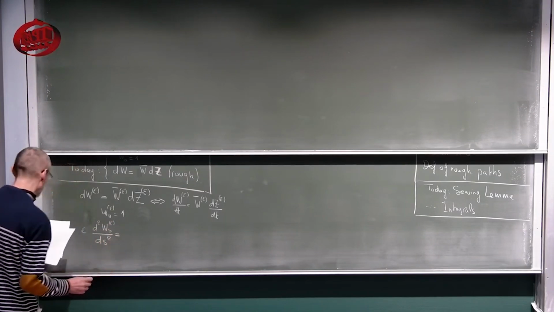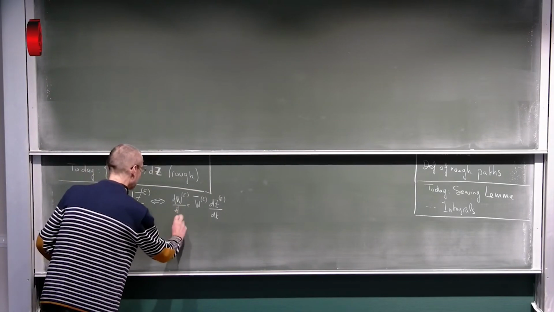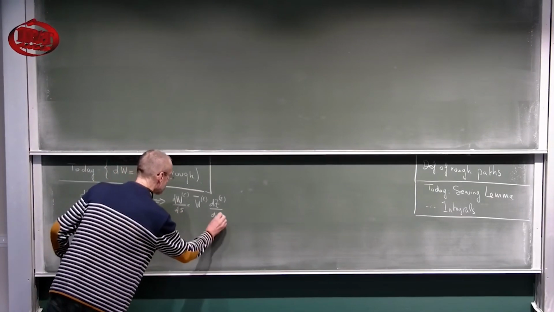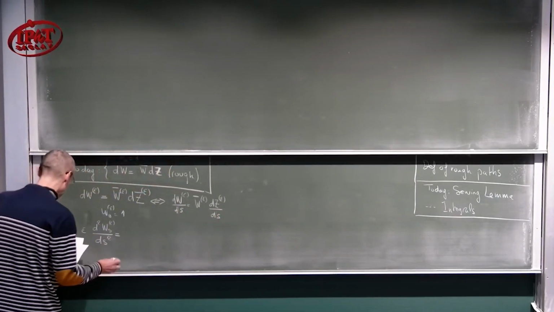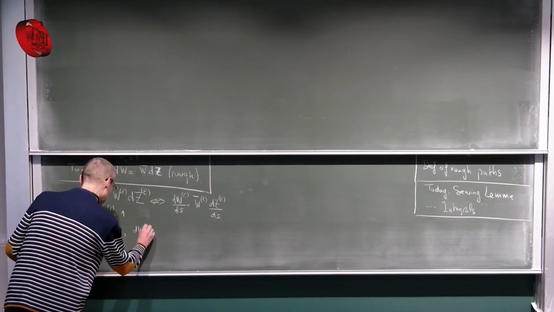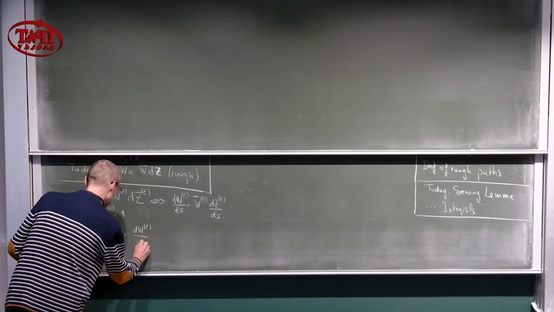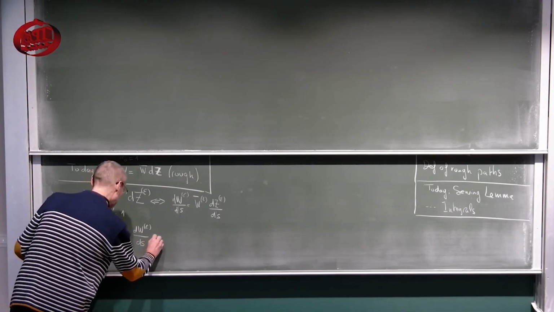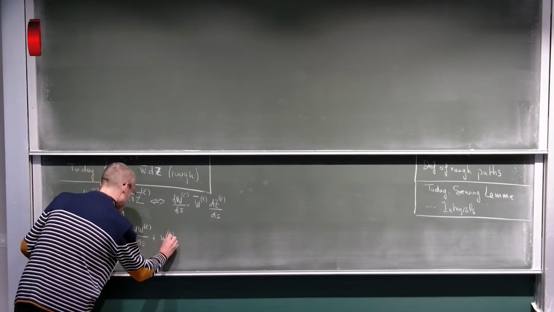I don't know why I switched to s as a parameter in the notes, but let me just follow the notes. This is easily seen to be i dw epsilon over ds plus w epsilon.